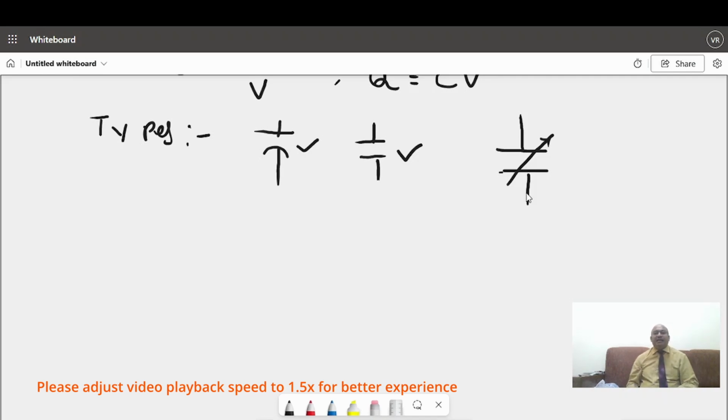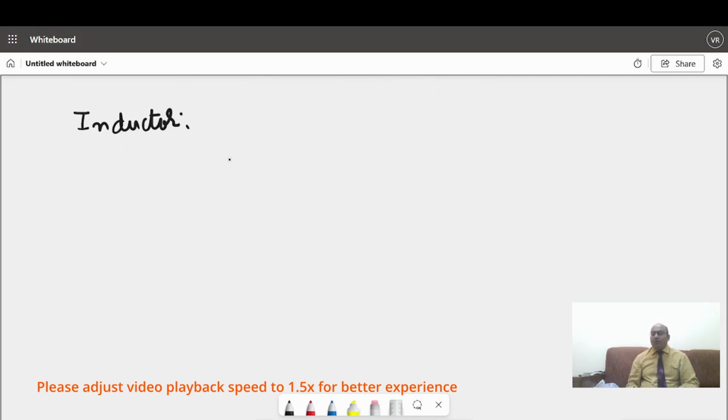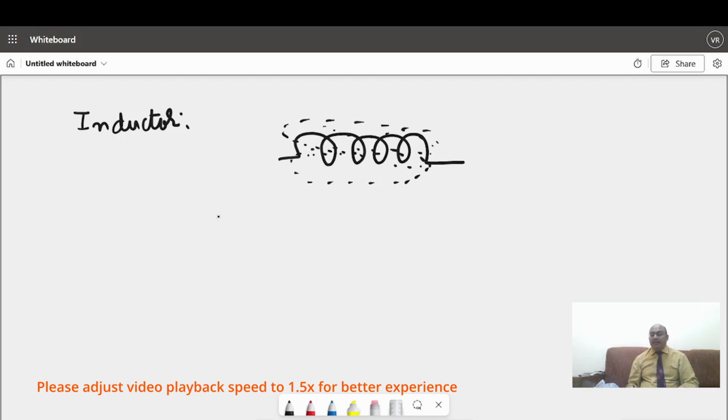Next one is the inductor. A current flowing through a coil of wire, with or without a core, establishes a magnetic field through and surrounding the circuit. Core means iron. This component of rather simple construction is called the inductor, referred to as a coil.